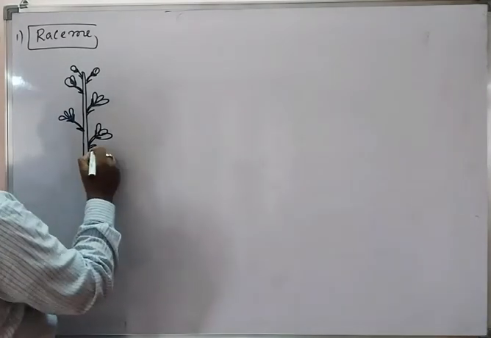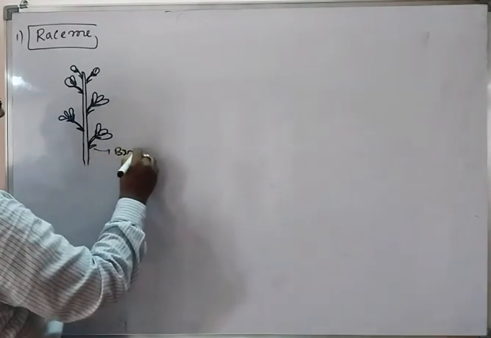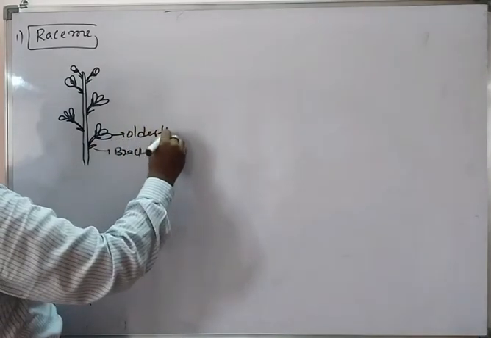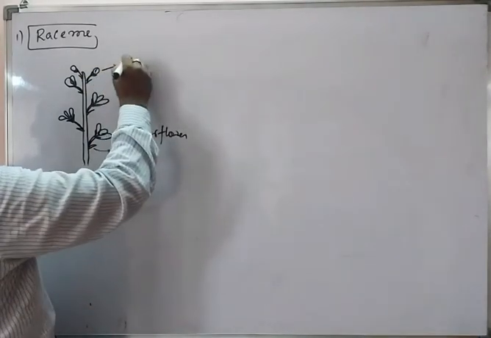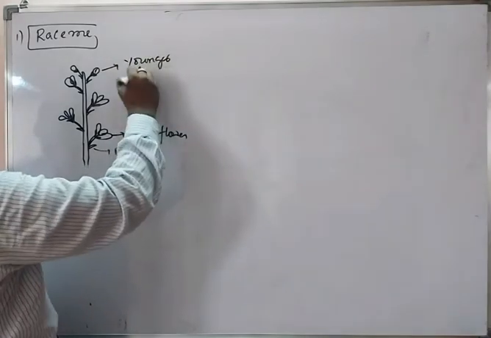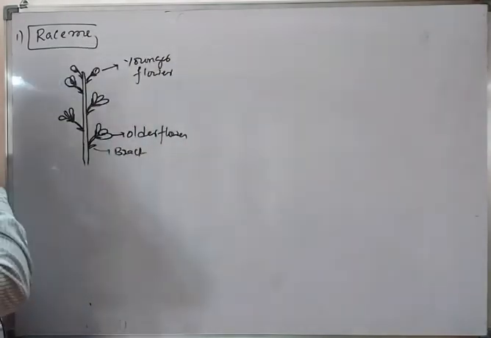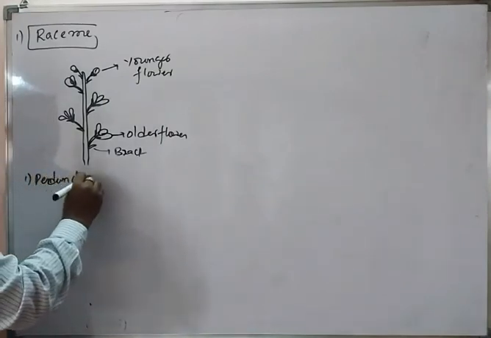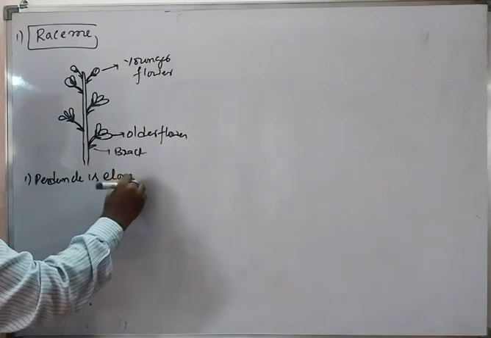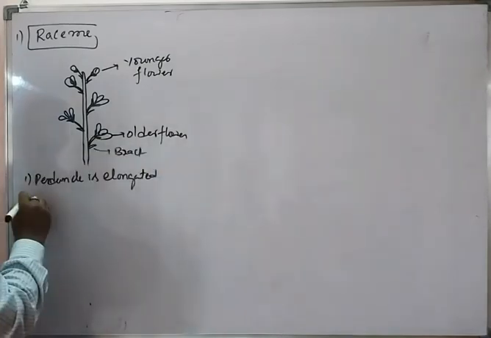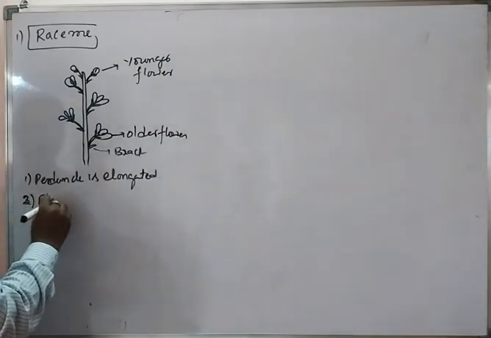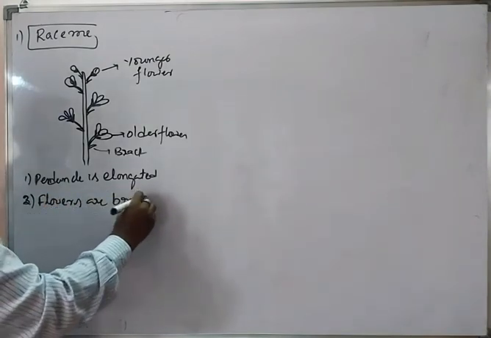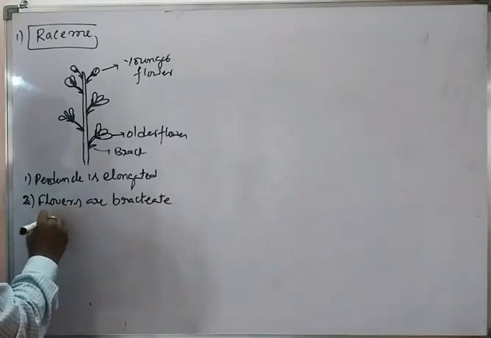This is the bract, this is the older flower and this is the younger flower. So here the peduncle is elongated. Next, flowers are bracteate and pedicellate.